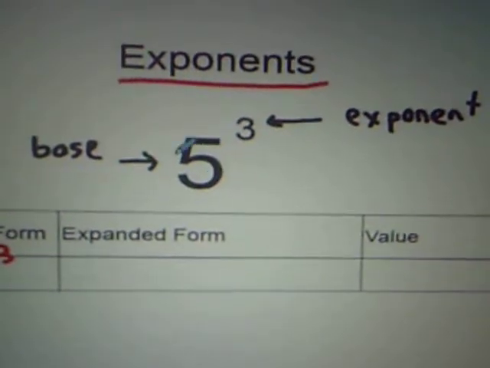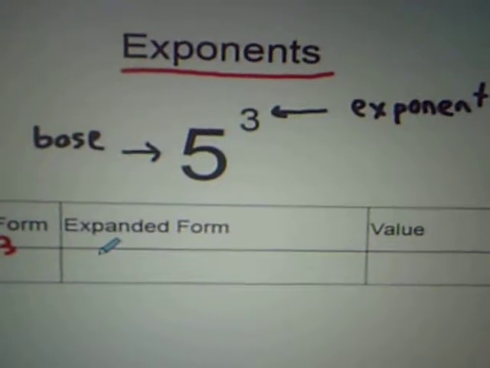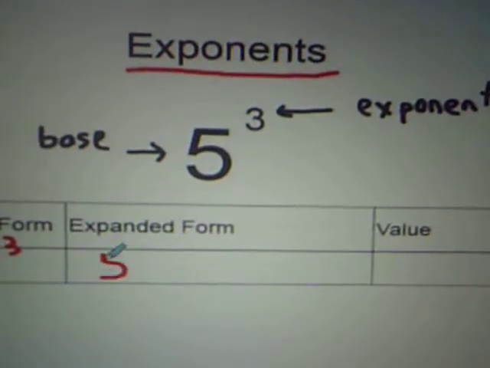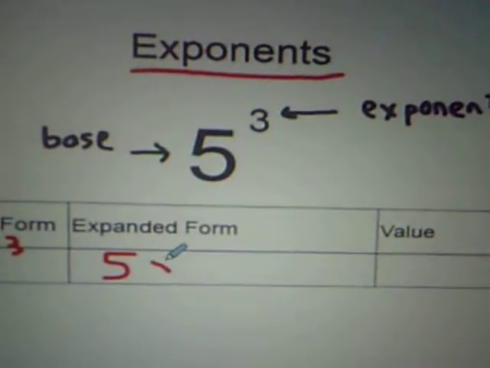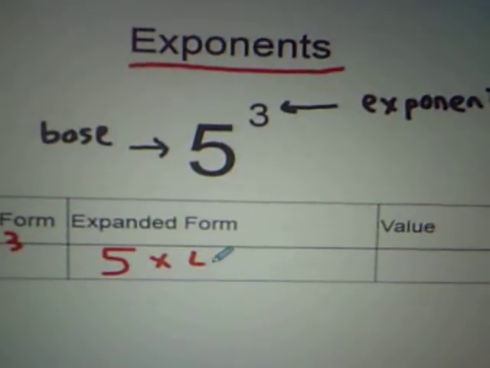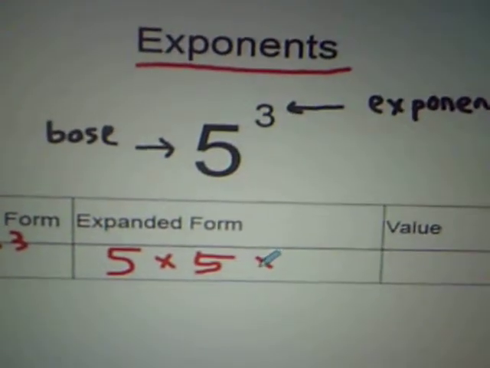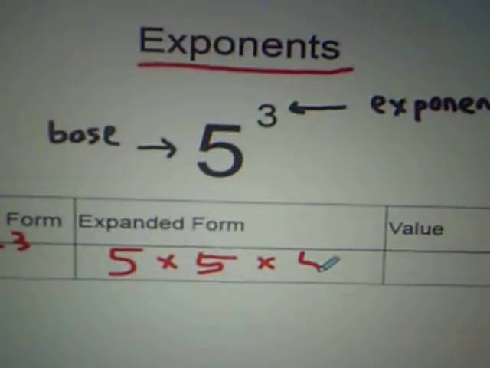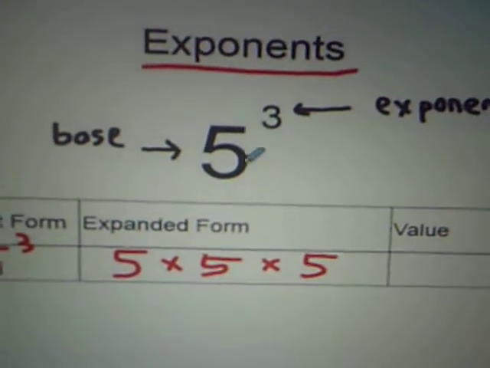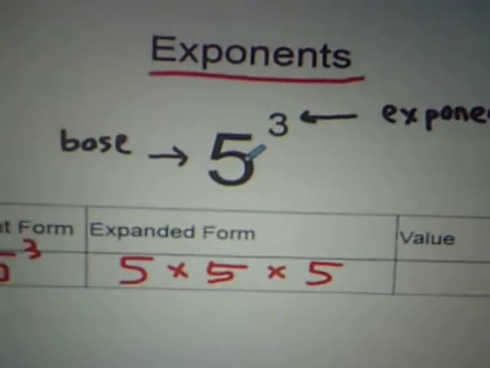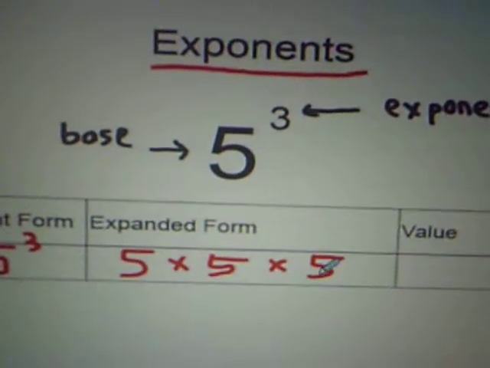So since 5 is our base number and 3 is our exponent, what this really means is that we take the base number of 5 and we multiply 5 together 3 times. The reason we're using the number 5 in this multiplication sentence, or this expanded form, is because 5 is the base number. If the base number were 4, we would have 4 times 4 times 4.